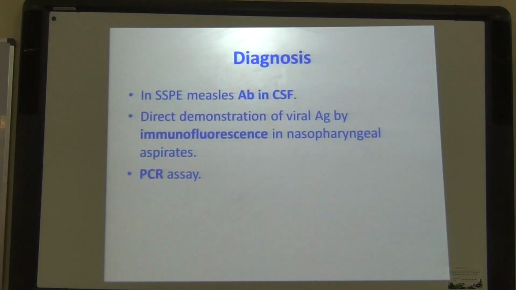SSPE, subacute sclerosing panencephalitis, is diagnosed by finding antibodies in CSF, or by direct demonstration of the viral antigen by immunofluorescence techniques in nasopharyngeal aspirate, or by PCR. These are the three methods which help diagnose SSPE.